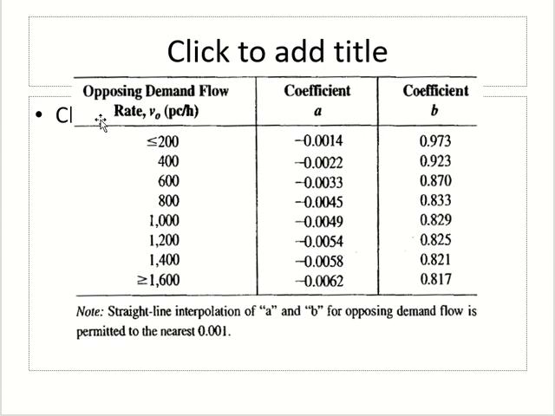Okay, what do I need to insert here? The opposing flow rate. Opposing flow rate is how much? 395. Okay, do we have 395 here? No. So, yes. Is it negative? Yes, yes. A is supposed to be negative because it goes in the exponential.